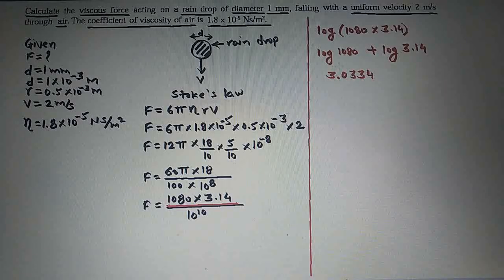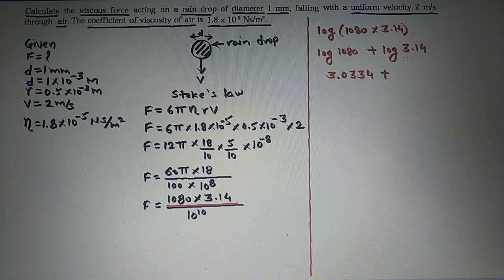So this is the log of 1080, that is 3.0334, plus, now we will find out the log of 3.14. So first of all we will take the characteristic here. The characteristic is what?